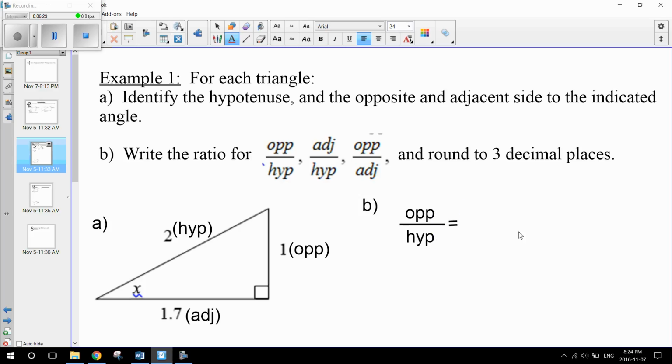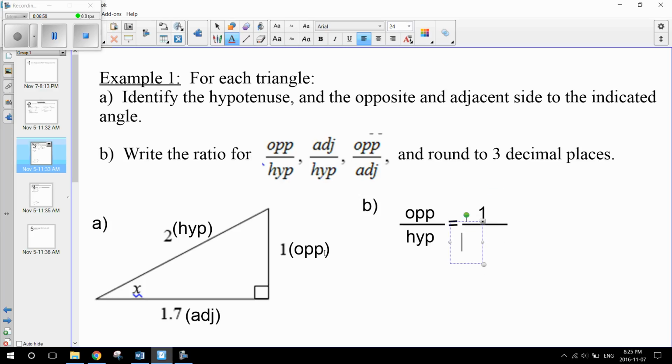So what is the value for our opposite side? I'm hoping that someone said opposite is the value of 1. So that throws a 1 on top of our fraction here.